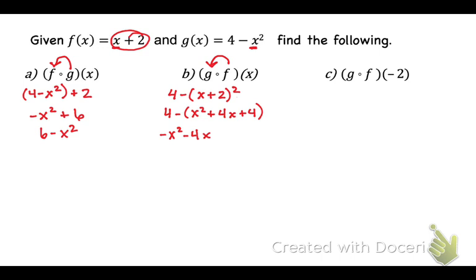Okay, but the x part of it changes into x plus 2. So now you need 4x, because you have to foil this because it's squared. So it'd be x squared, and then it'd be 2x, and 2x would be 4x. And then the 4's reduce out.